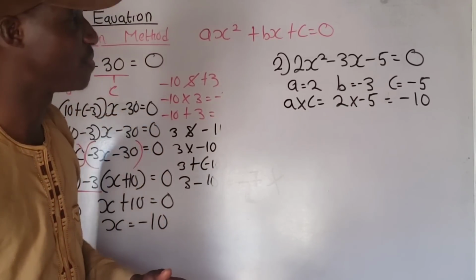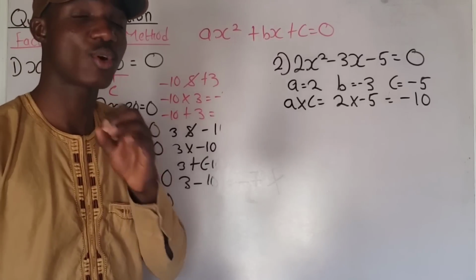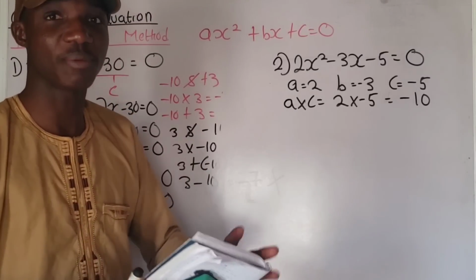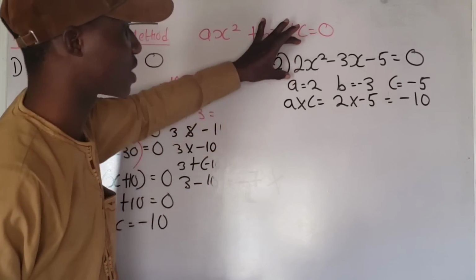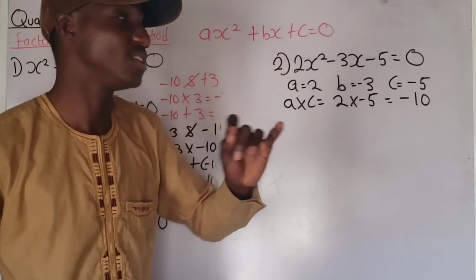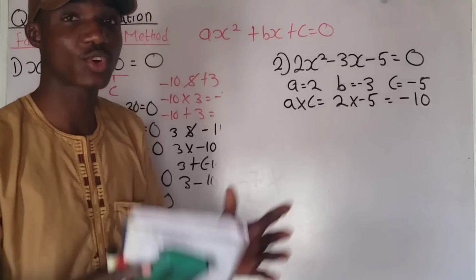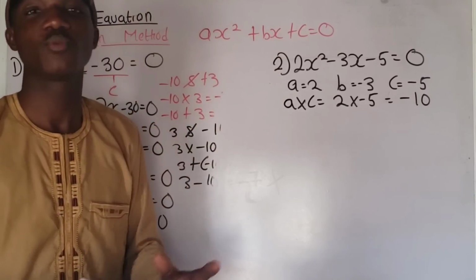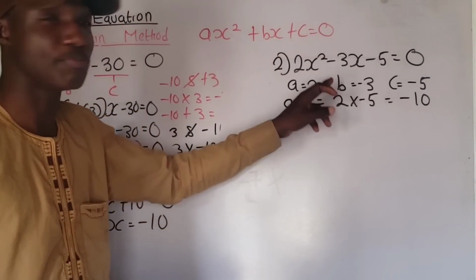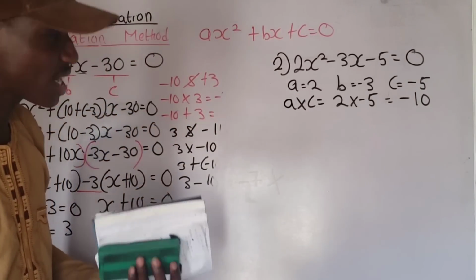Let me take that again. Think of two numbers such that when you take their product, you must have negative 10, because in this quadratic equation, the product of a and c is negative 10. And when you take their sum, you must have b, which is negative 3. What are those two numbers?